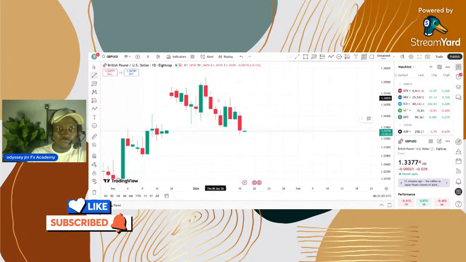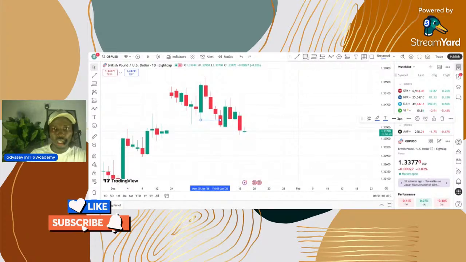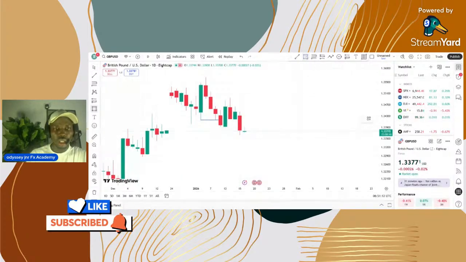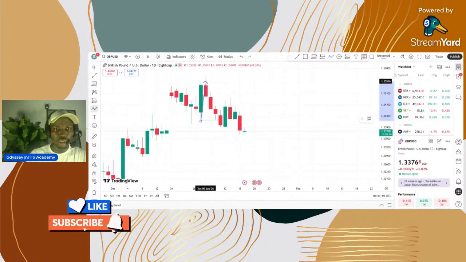Let's see what we have here. This is a break of structure. And when you look at it very well, you see the market did something of this nature.